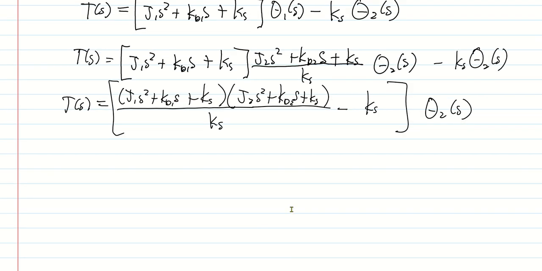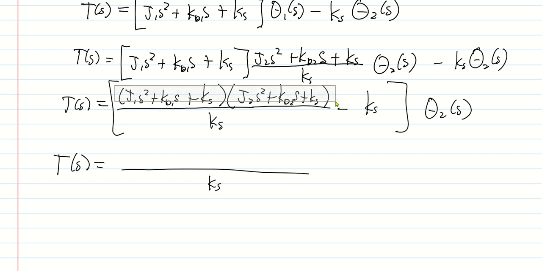Our output is theta 2 of s, but before that, we can simplify this further. We can add Ks, then just copy the numerator.